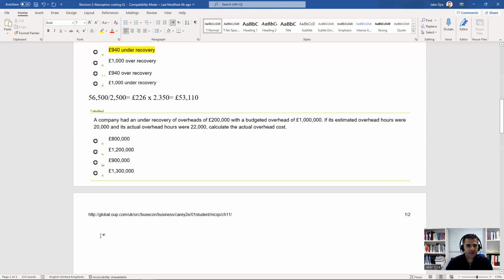Right, let's work it out. So that's 1 million divided by the budgeted hours, which is 20,000 hours.